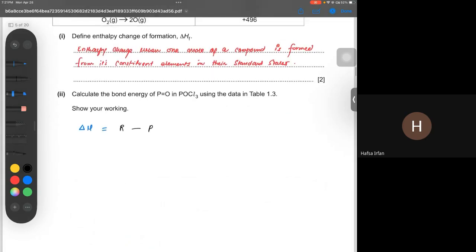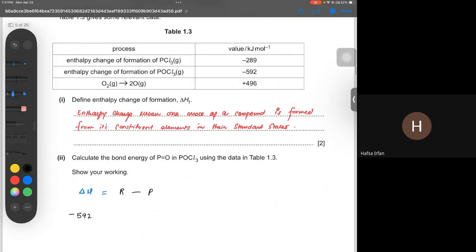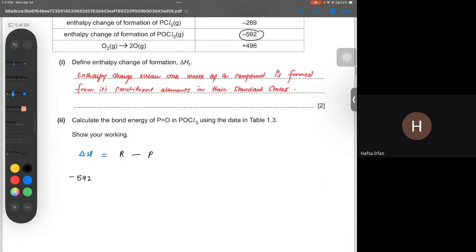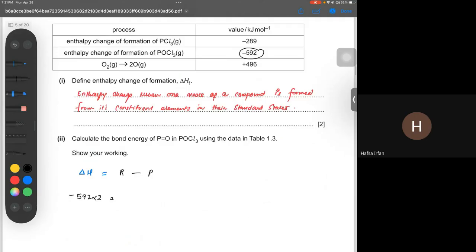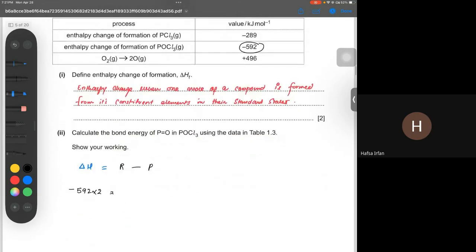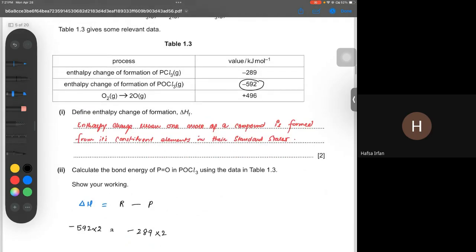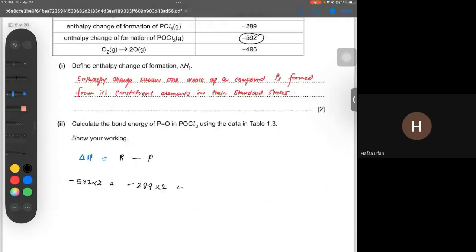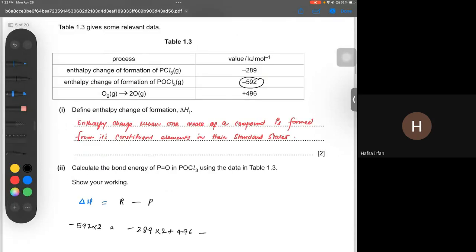The delta H is given to you, that is minus 592. According to the equation, we have 2 POCl3, so I would be multiplying this by 2. The reactant is PCl3, that is minus 289 multiplied by 2, since the coefficient is 2. And then we have O2, which is 496, written as positive.